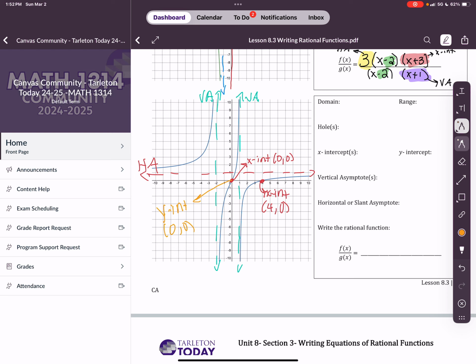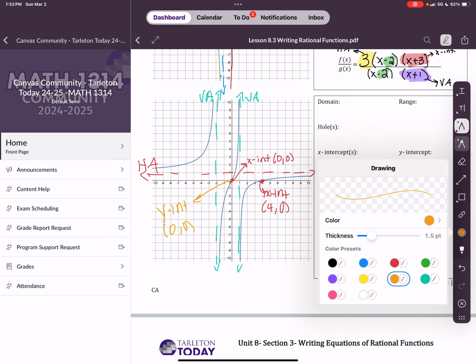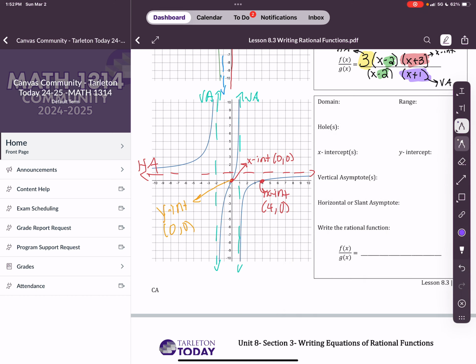Okay, so let's go on to our domain. Let's use purple. On our x-axis, we go from negative infinity to -2, with the union, and then from -2 to +1.